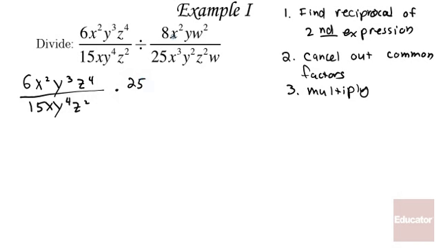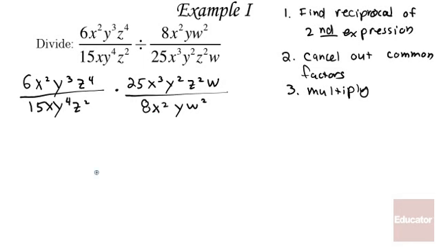Numerator becomes the denominator, denominator becomes the numerator. Bringing that down to the denominator gives me 8x squared y w squared. And just double checking to make sure everything's copied correctly when you're working with this many variables with exponents. Okay.